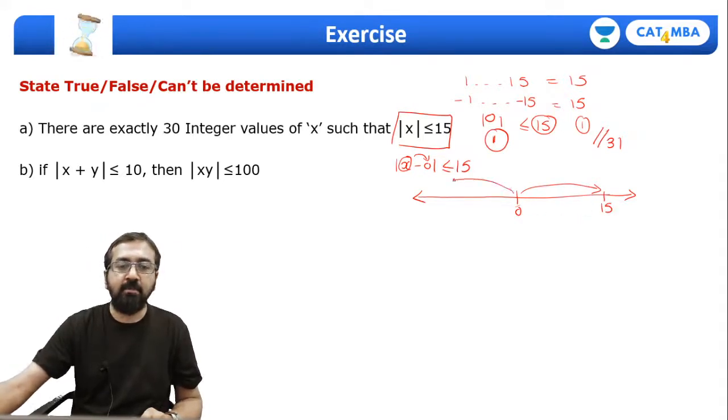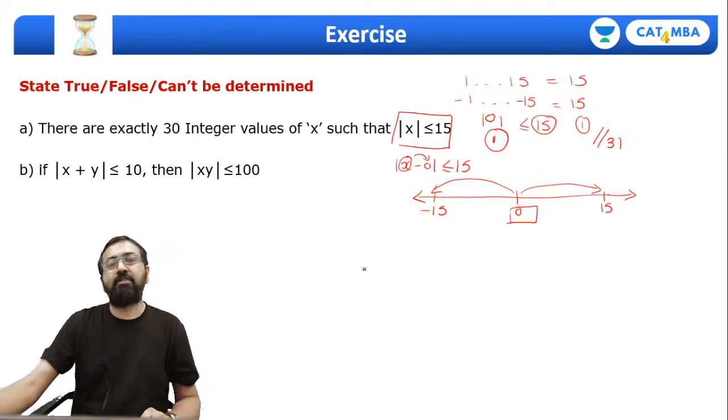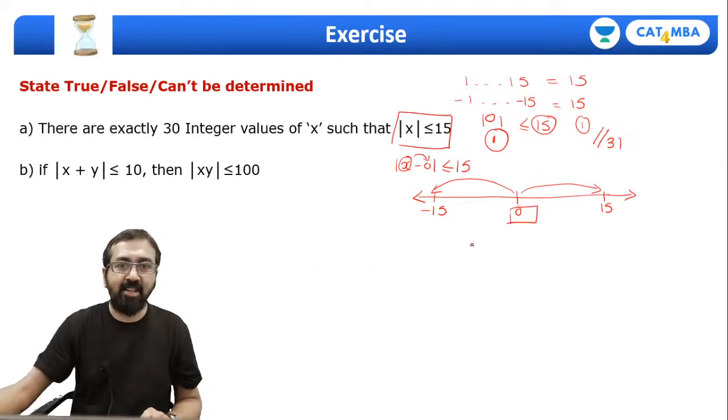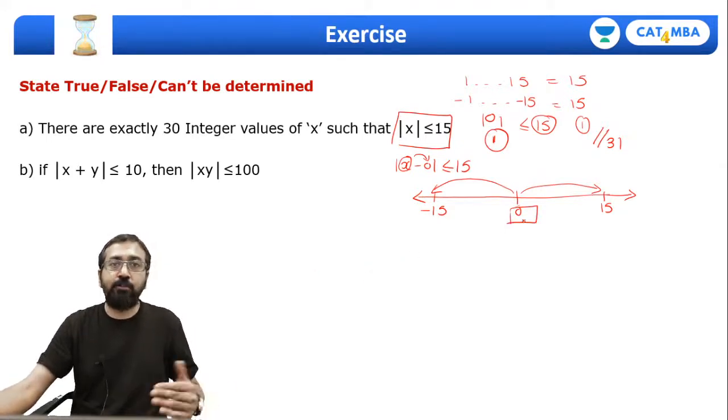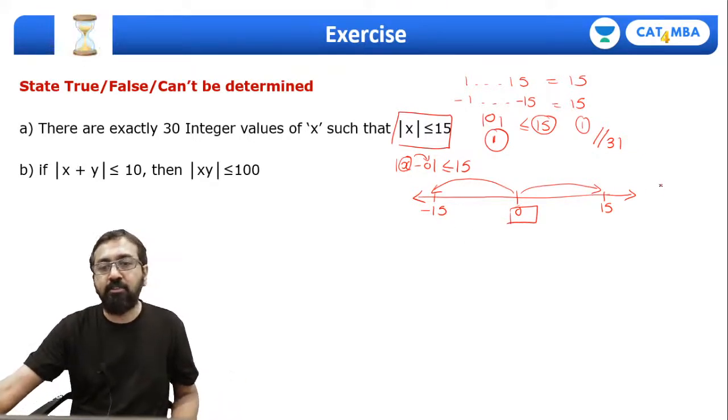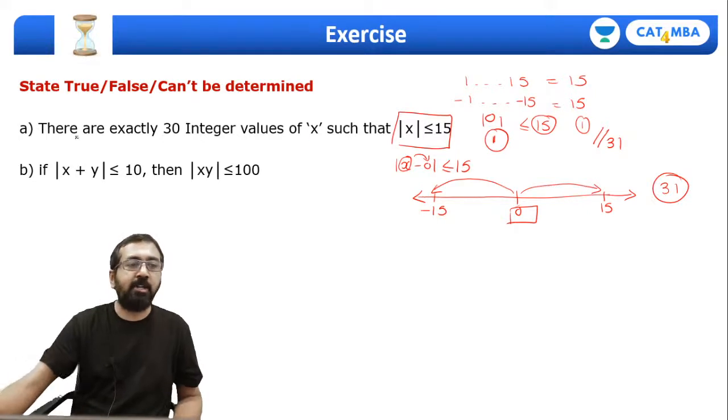If I take any number up to minus 15, their distance from 0 will always be less than or equal to 15. What about 0 itself? So that is also there, correct? Even the distance of 0 from 0 is 0, so that is also less than or equal to 15. So there are 31 values. So this statement is false.